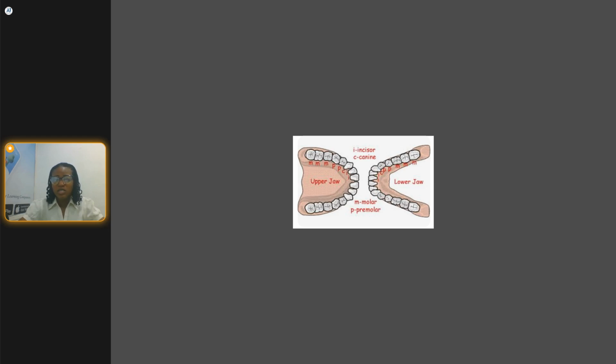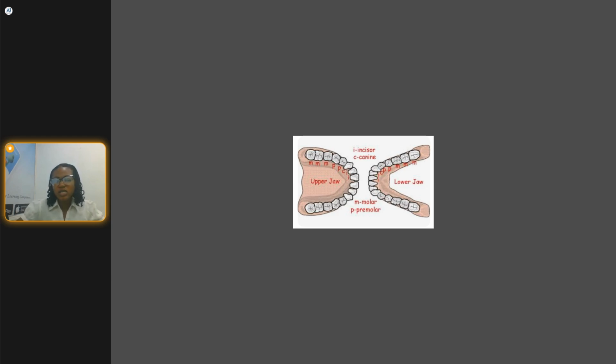As you can see on the board, we have the incisor. This looks a little bit like that of human, but it is not the same. Unlike the dog, where the canines are so pointed, for sheep the canines are not pointed like that of dog.